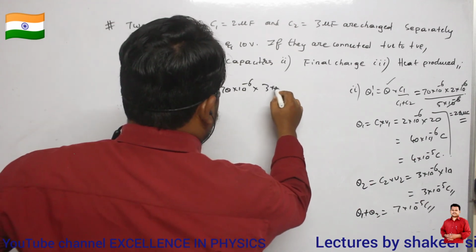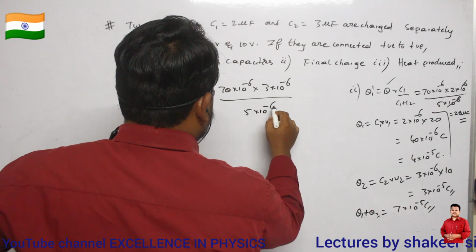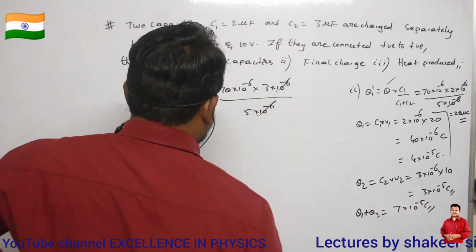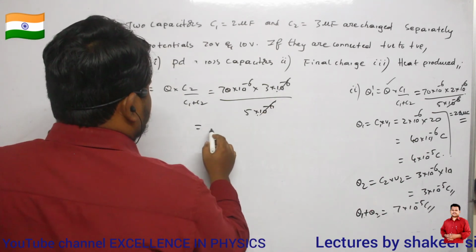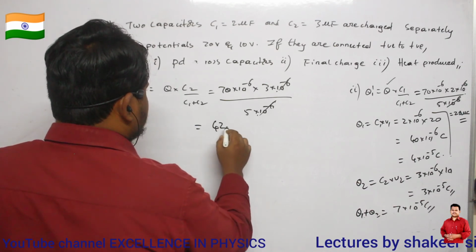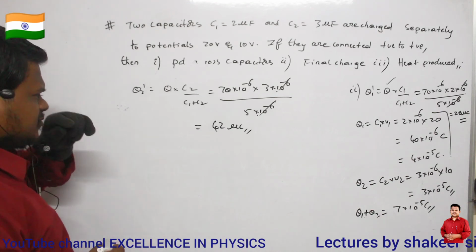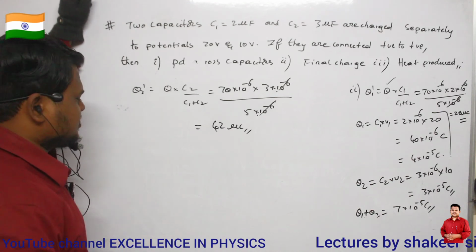C2 value is 3 into 10 power minus 6 divided by 5 into 10 power minus 6. So this value and this value will get cancelled. Therefore 14 3s are how much? 42. So 42 microcoulombs of charge is the final charge on the second capacitor. Clear?